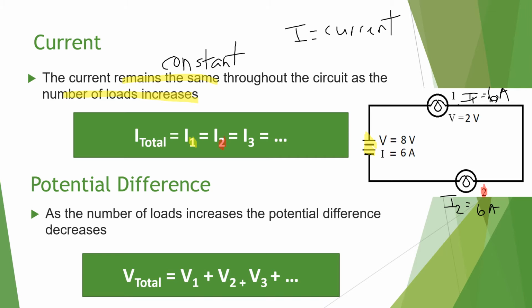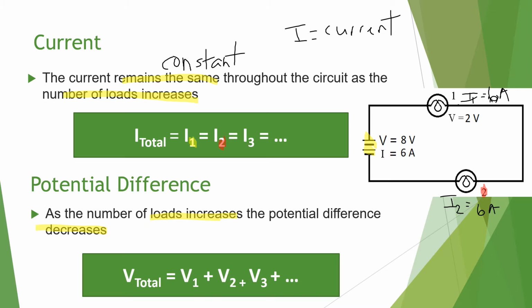The potential difference, or the voltage, as the number of loads increases, the potential difference decreases. In a series circuit, the potential difference changes based on the number of loads.